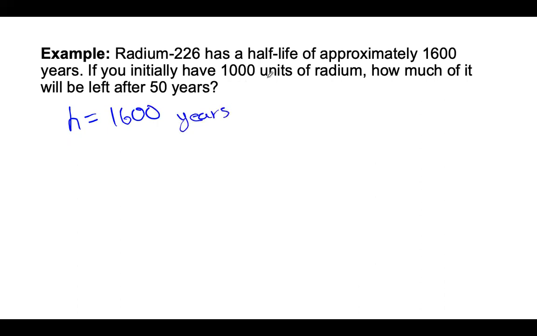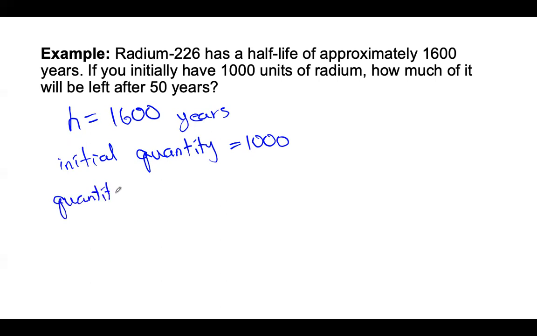If you initially have 1,000 units, so our initial quantity is 1,000 units, how much of it will be left after 50 years, where this is our time, 50?